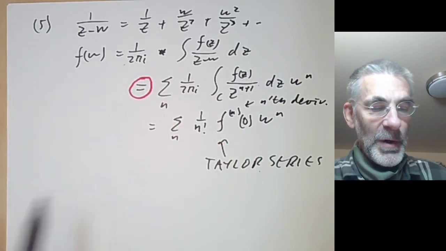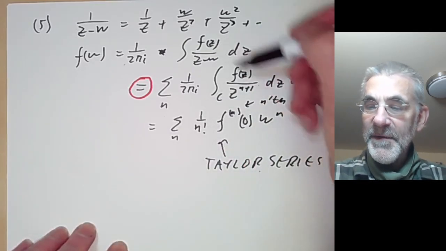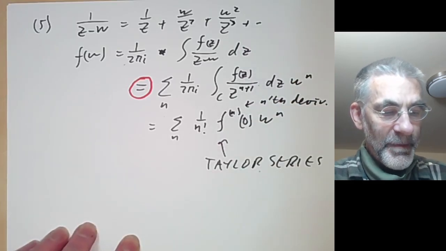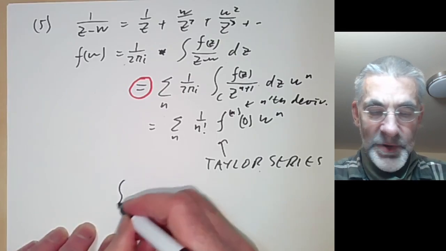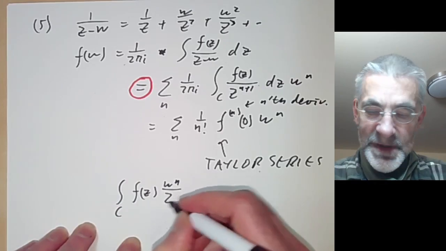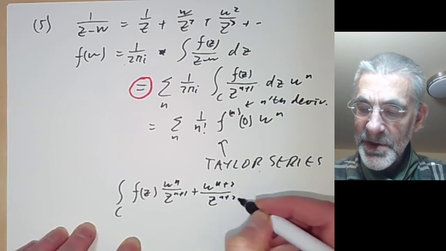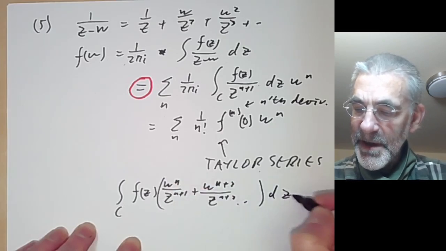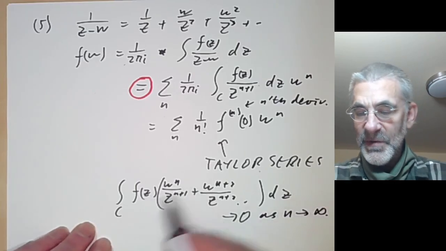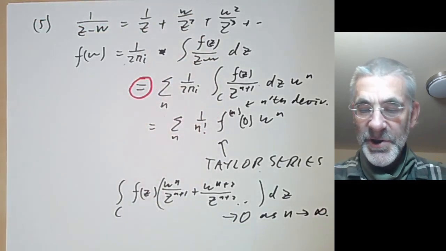Well, to check this equality sign, what we have to do is to check the tail end of the difference between these two expressions. And what this comes down to is showing that the integral over C of f of z times w to the n over z to the n plus 1 plus w to the n plus 2 over z to the n plus 2 and so on, dz, tends to 0 as n tends to infinity. So this is the difference between the first n terms of this and this expression here.